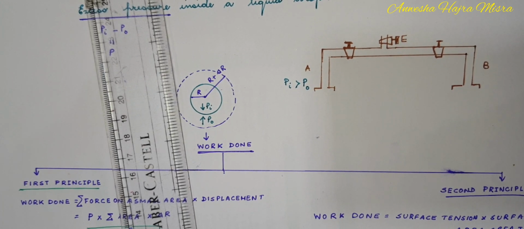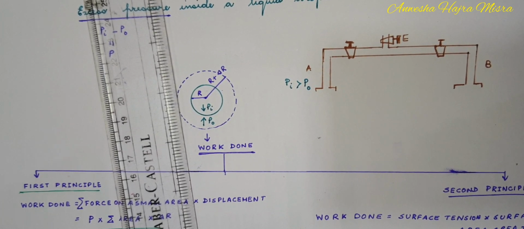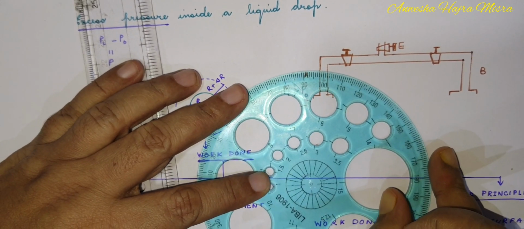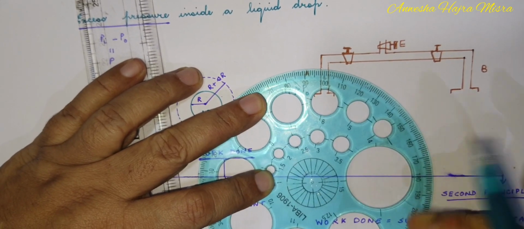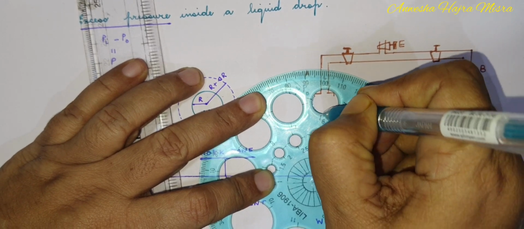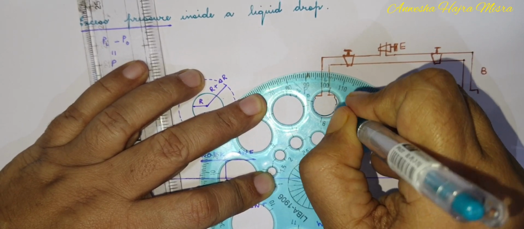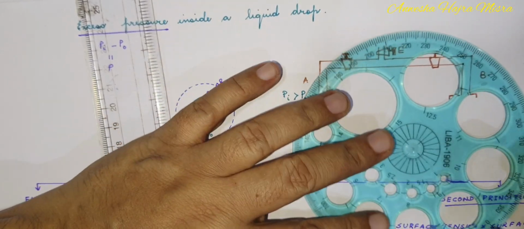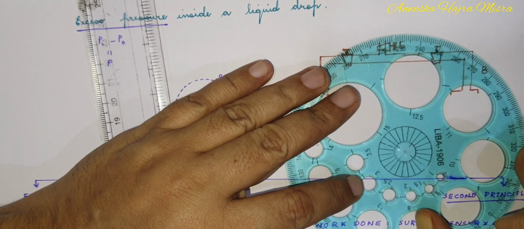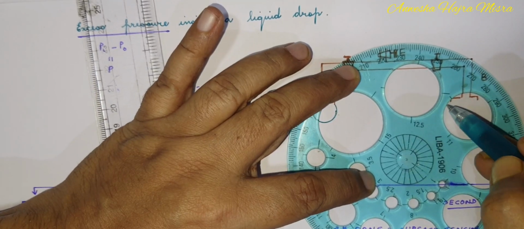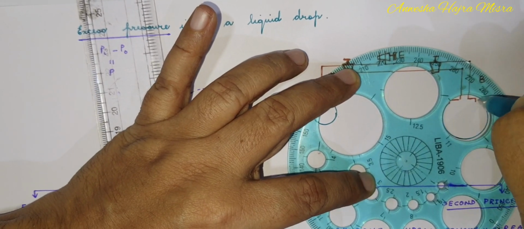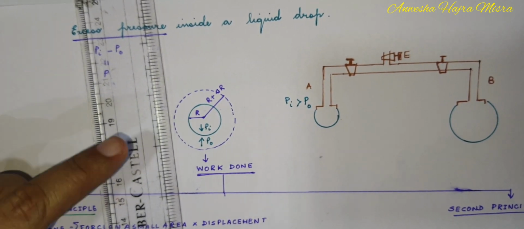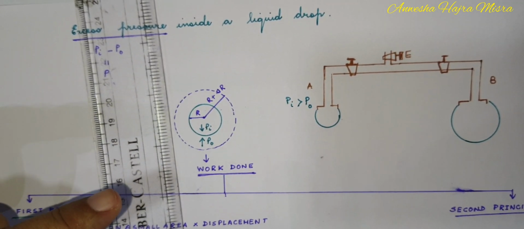As soon as it is immersed, you have two spheres, one small and one big.